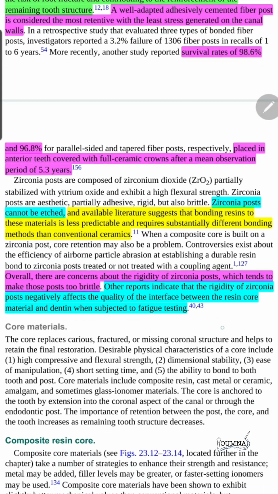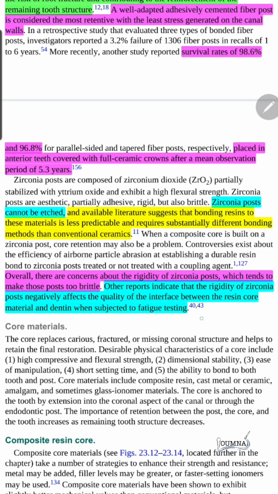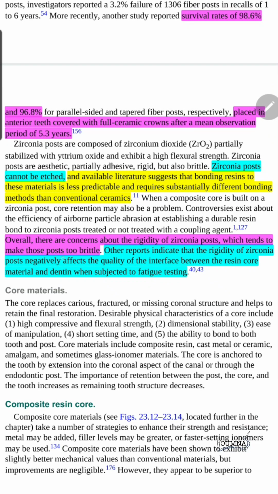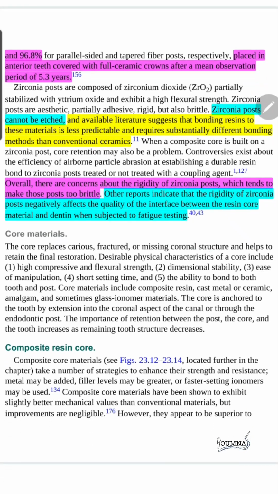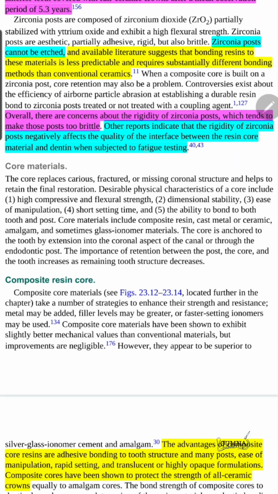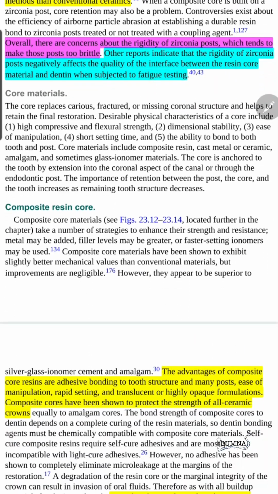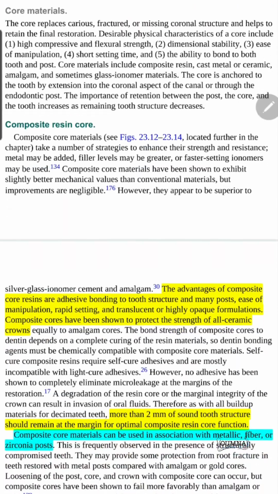The author does not support the zirconia posts, and he is saying that they are too brittle, and the rigidity of the zirconia affects the root negatively, and it may result in fracture at the end.